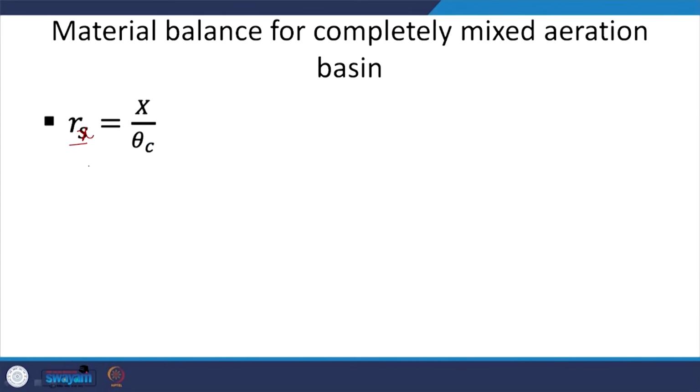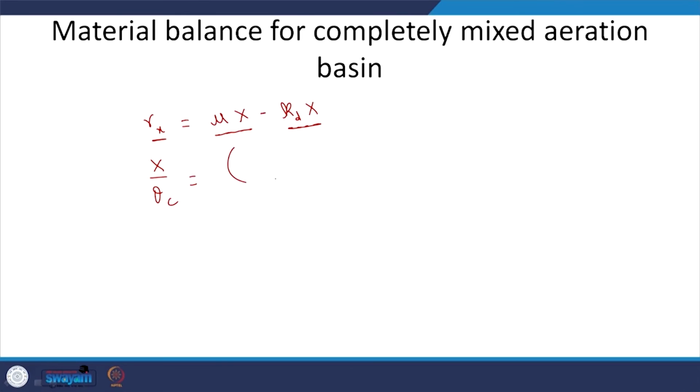Okay, Rx net equal to x by theta c. So, x by theta c is equal to, I will take x common out here. What is mu? We know that mu is equal to mu max into S by Ks plus S, and this is minus Kd.